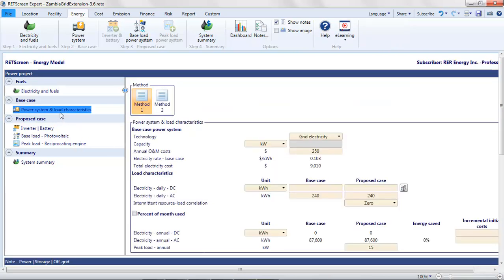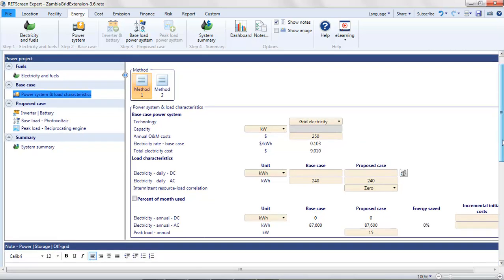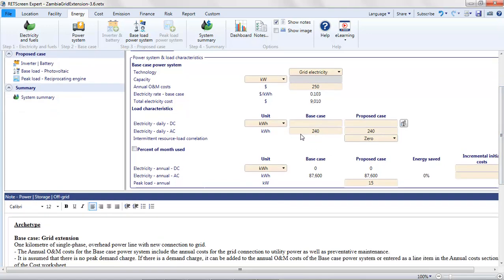On the power system and load characteristics, you'll see that it's grid electricity in the base case with an annual O&M cost here of $250. So that's all right. However, the electricity load is 240 AC kilowatt hours per day, and we would really like to see that at 600.